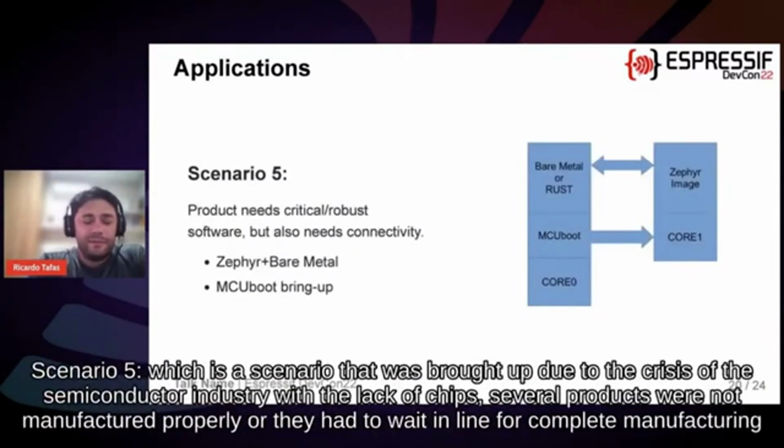Scenario 5 was brought up due to the crisis of the semiconductor industry. With the lack of chips, several products were not manufactured properly, or they had to wait in line for complete manufacturing.